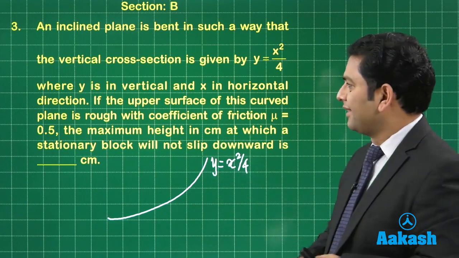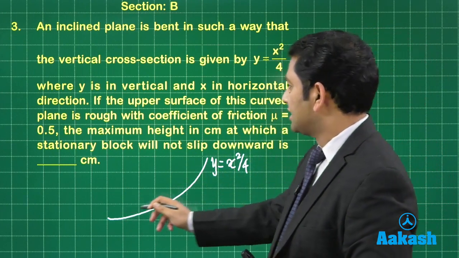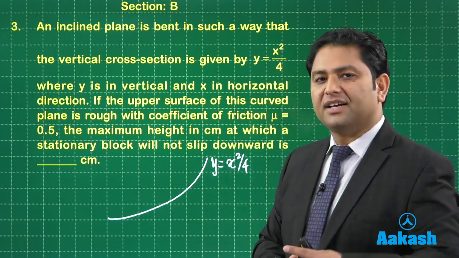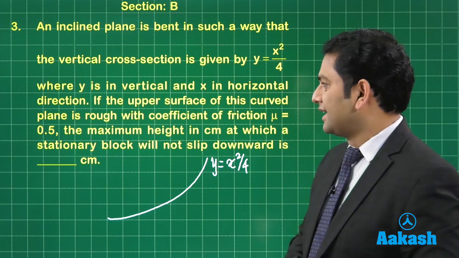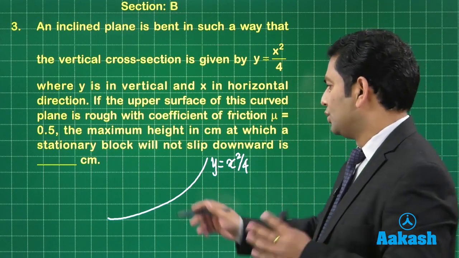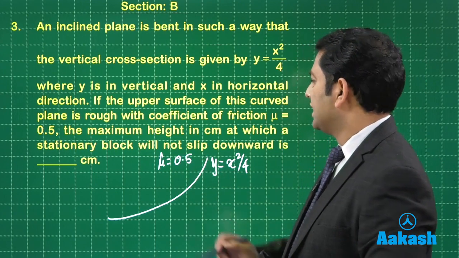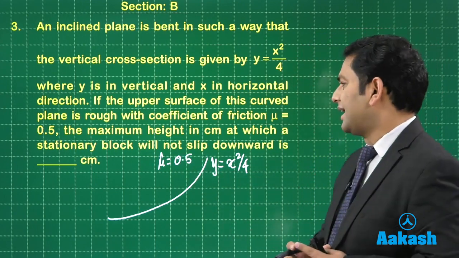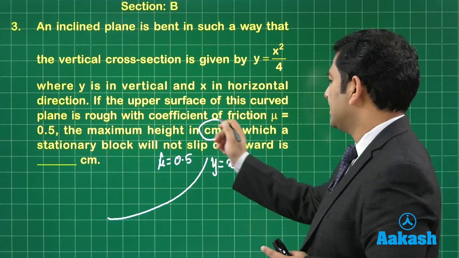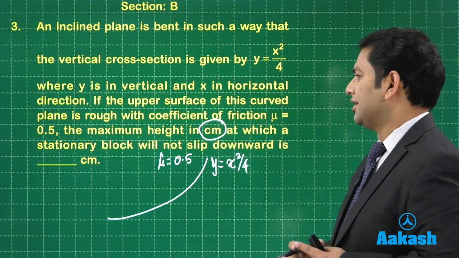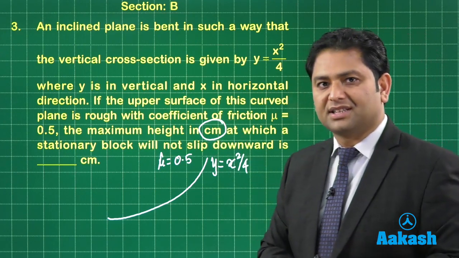That's perfectly fine. The upper surface of this curved plane is rough, and the coefficient of friction is 0.5. Cool. So the value of mu is 0.5. Now we have to find the maximum height in centimeter at which a stationary block will not slip downwards.